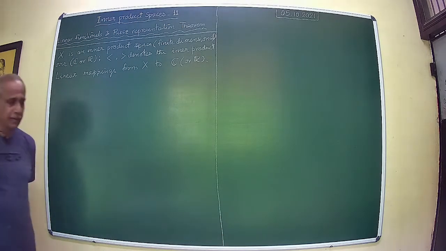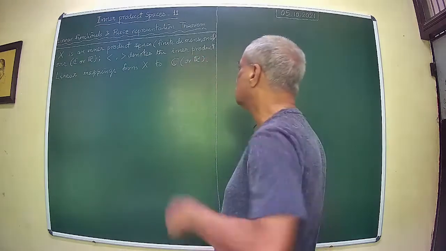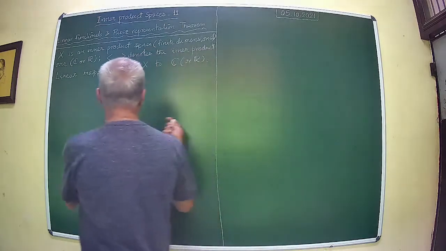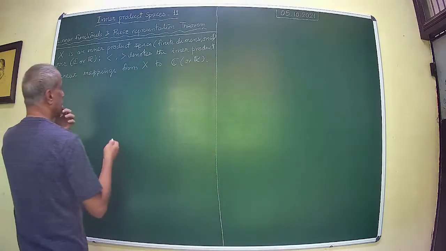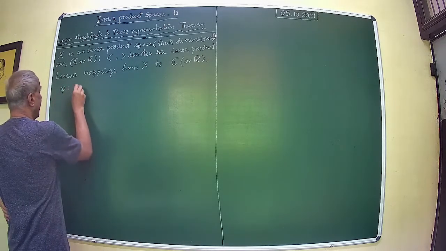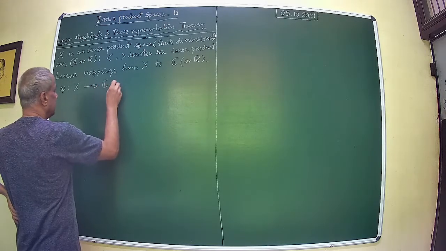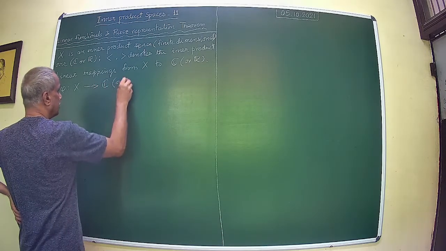So what's a linear map? A linear map is the following. Okay, we'll use a different notation later, but to begin with, phi is a map from x to C or R.